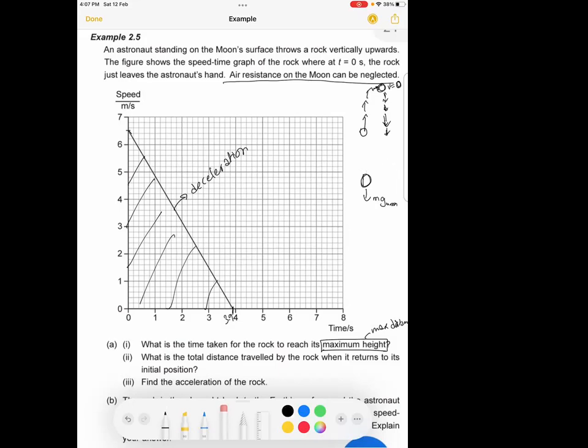That's why, because it's trying to move up and the force is trying to pull it down. That's why it's a deceleration. If the air resistance was higher than this weight, then it would have been acceleration.